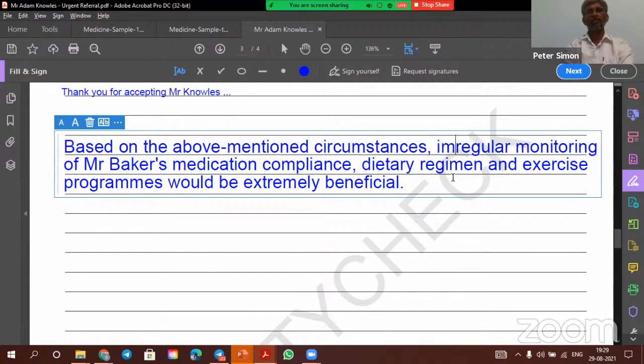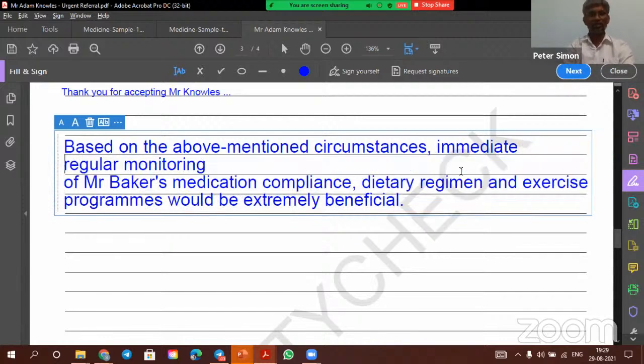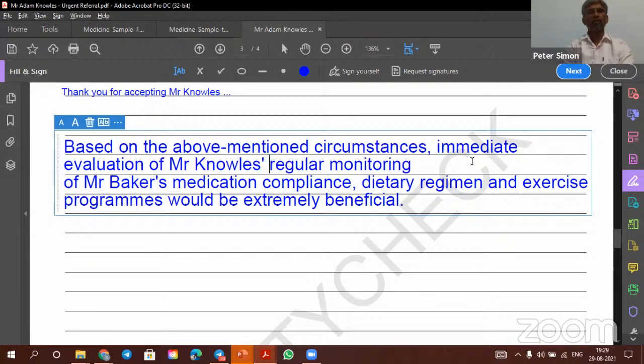Immediate evaluation, because we say it is urgent, so you can say here immediate evaluation of Mr. Knowles' condition.